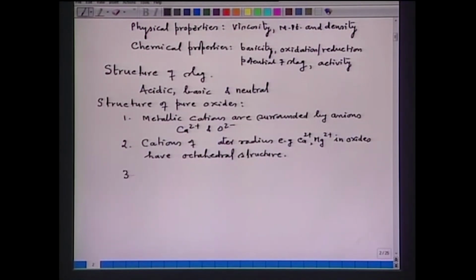Whereas cations of smaller radius, say Si4+ and P5+, in oxides have tetrahedral structure.